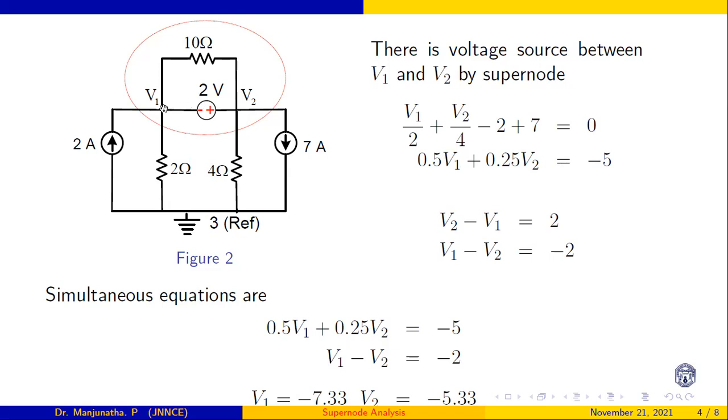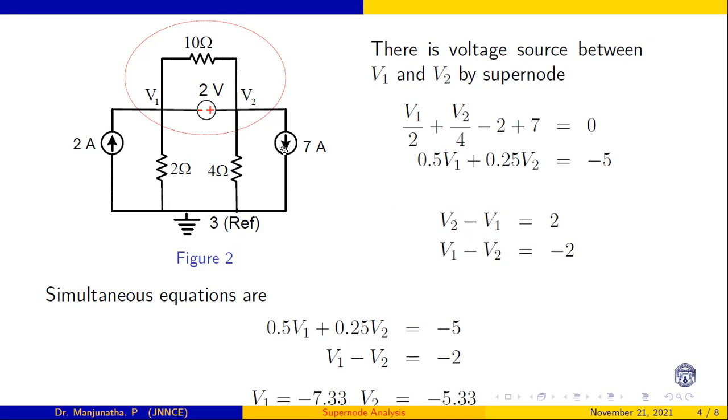Now there is a source between V1 and V2, so we have to relate this 2 volts to the two node voltages. Observe the polarity of this source. The positive polarity of this 2 volt source is towards V2.